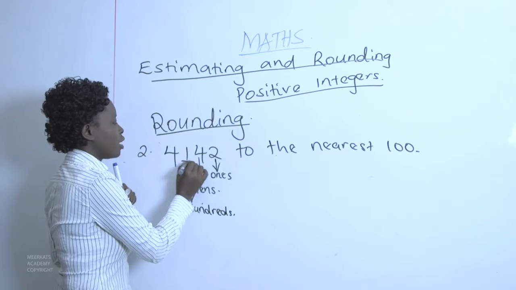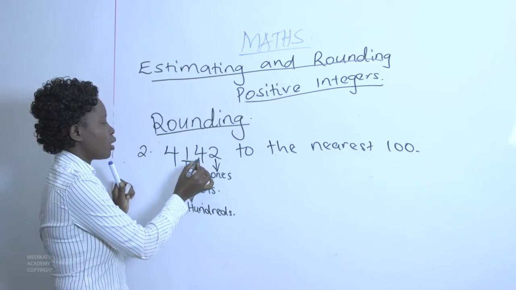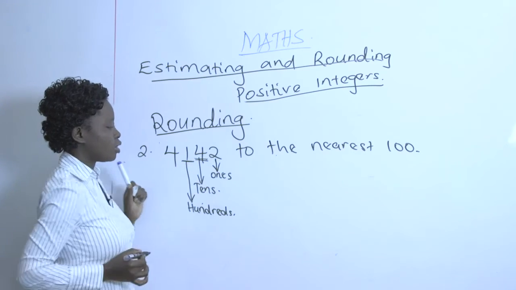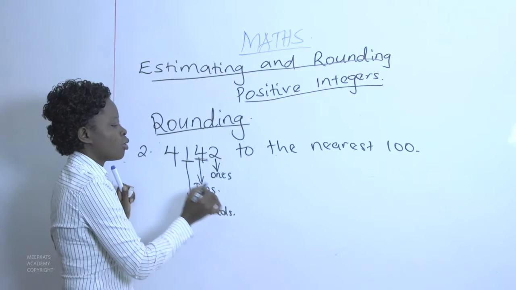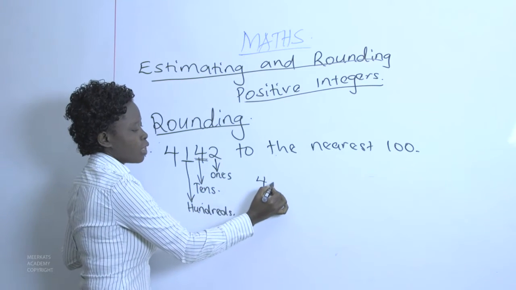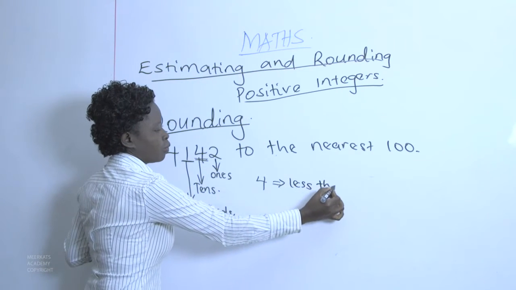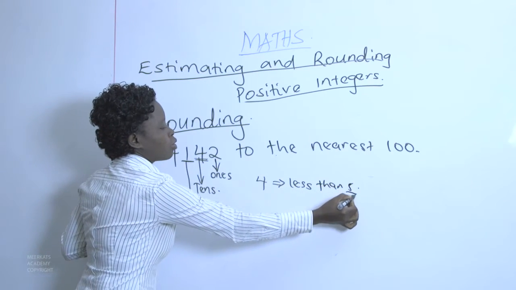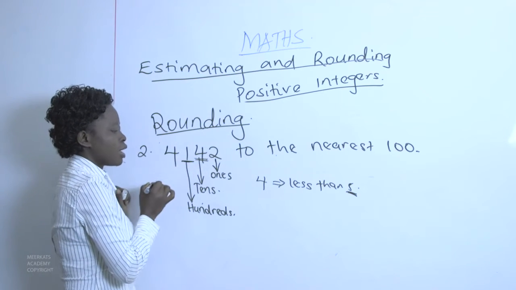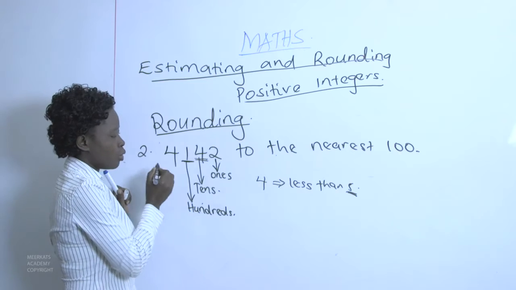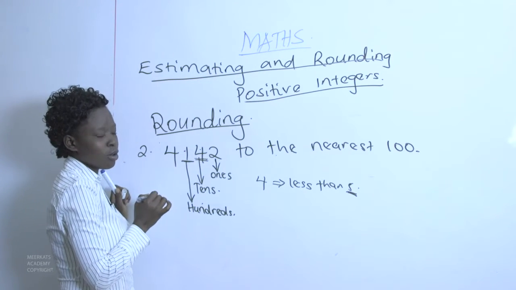So the digit in the hundreds place value is 1. Then we are supposed to confirm the digit in the tens place value. The next digit we have is 4. So we discover that 4 is a digit that is less than 5. Since 4 is less than 5, our number will be rounded down. So this 4 will not have an effect on this 1.